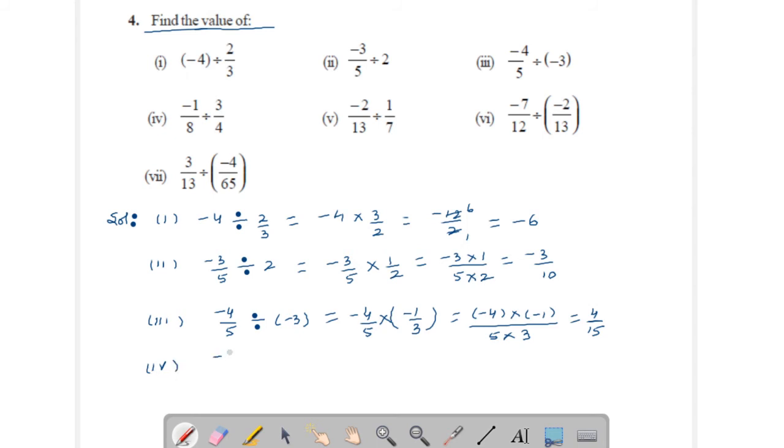Now come to fourth part. Minus 1 upon 8 divided by 3 upon 4. This is equivalent to minus 1 upon 8 into, change division into multiplication. You have to take reciprocal of 3 upon 4. What is the reciprocal of 3 upon 4? It is 4 upon 3.